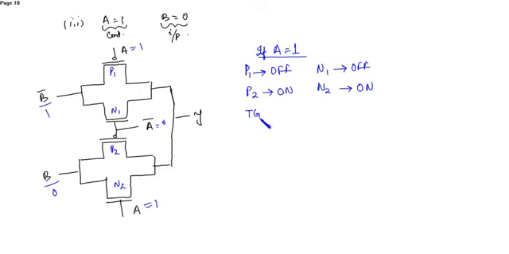So the transmission gate 2 is now active since these two transistors are on, and transmission gate 1 is off.